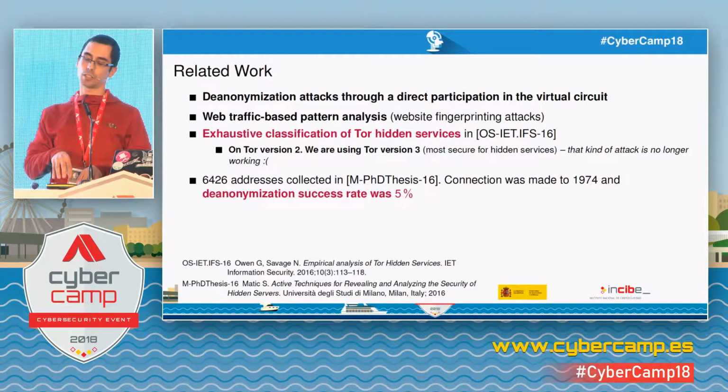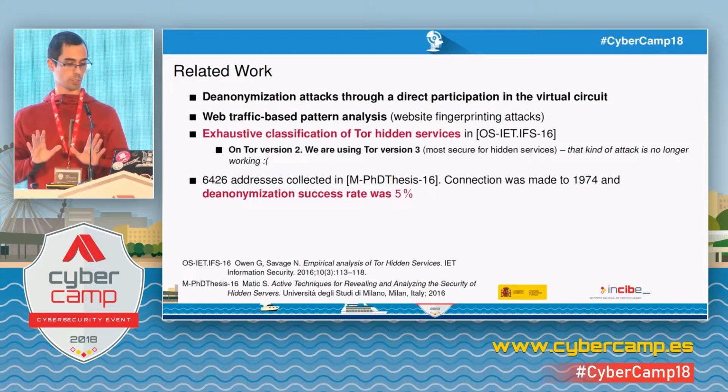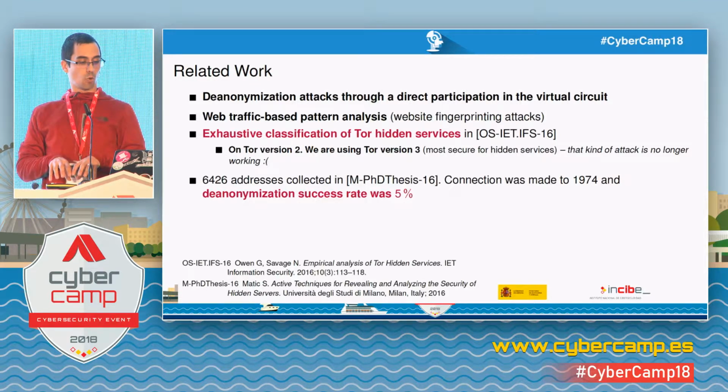At this point in time, for a directory node of hidden services, you have to be a node and you have to run Tor 3 version. So you cannot work with Tor 2 anymore. Just sharing this information with you.